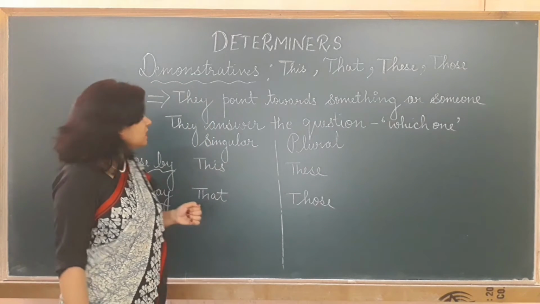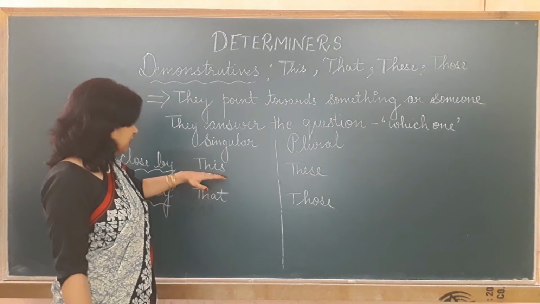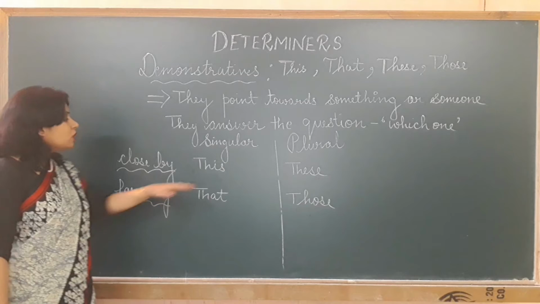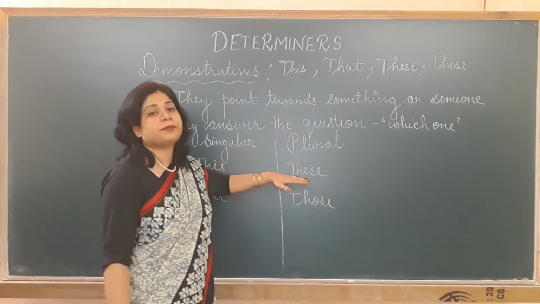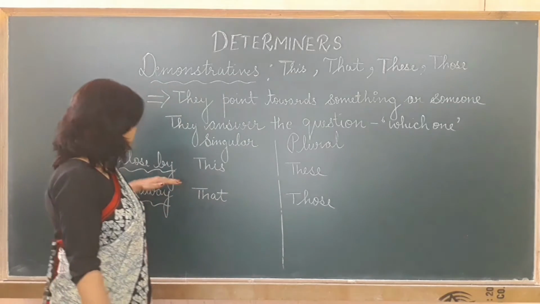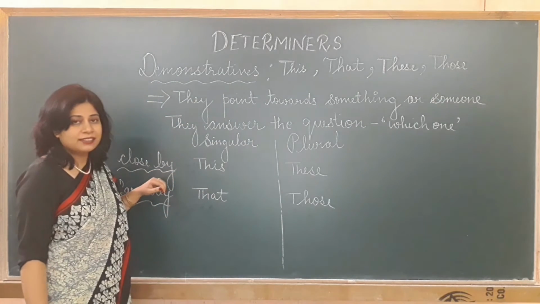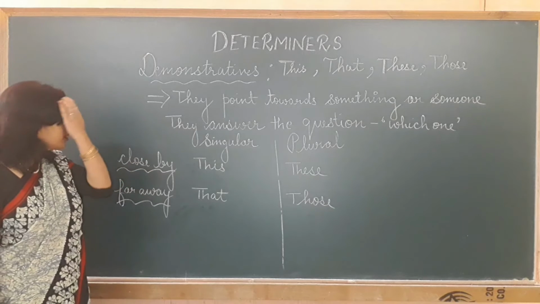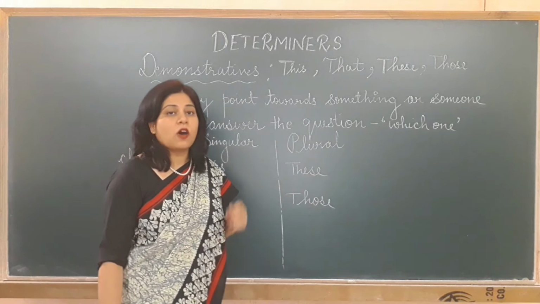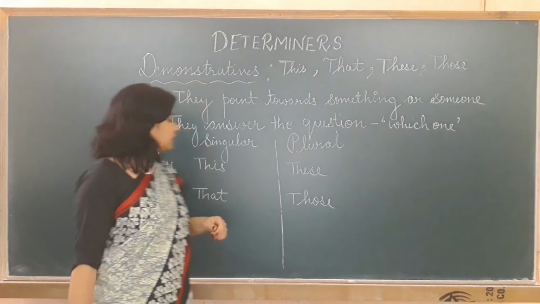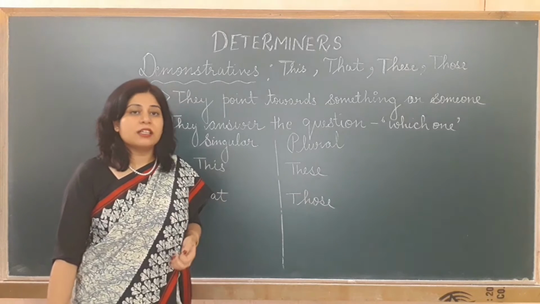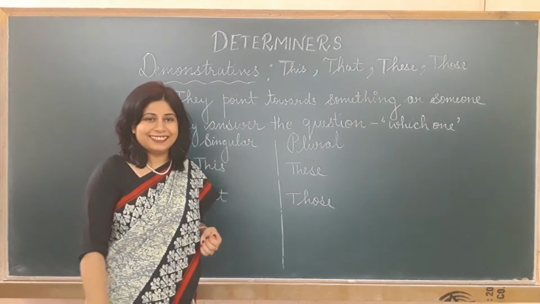Now the question arises when to use this and when to use that. So this and these are used before persons or objects which are nearby. Fine. I have written here close by. And that and those are placed before persons or objects which are far away from the speaker.